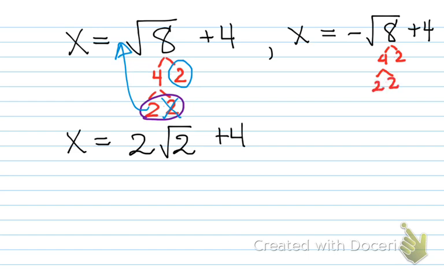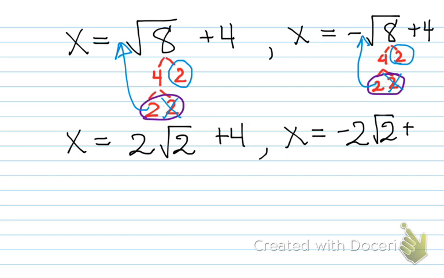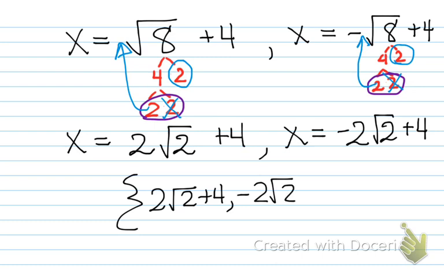So out of this pair, one of the 2's comes outside with that negative that was out there to begin with, and the other 2 disappears, and we're left with that 2 inside. So the solution for the second x is negative 2, and then we have the 2 inside the square root plus the 4. Our final solution is 2 square root of 2 plus 4, comma, negative 2 square root of 2 plus 4.